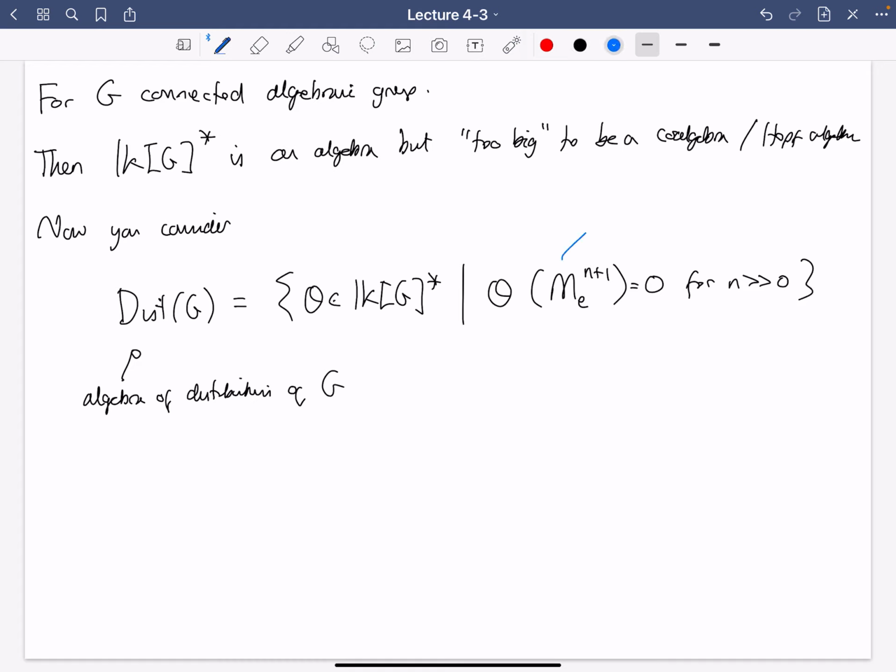And here m_e is the kernel of evaluation at e, that's the maximal ideal of the coordinate algebra corresponding to the point e in the group.